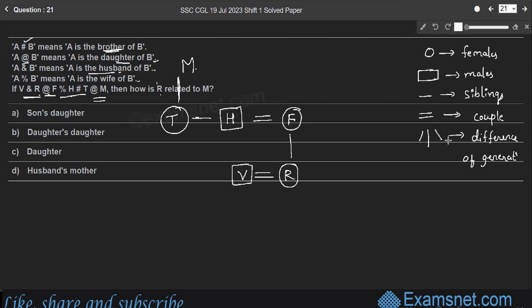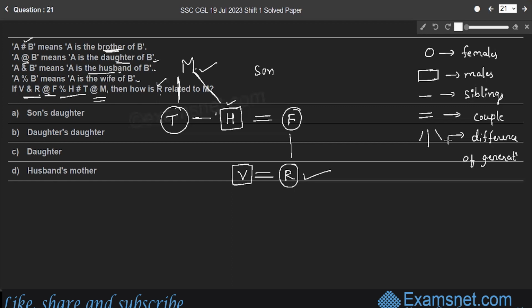Here the question is, how is R related to M? R is here, right? So R related to M, right? So for M, H becomes M's son, right? Because T and H are siblings, so H is the son of M, right?